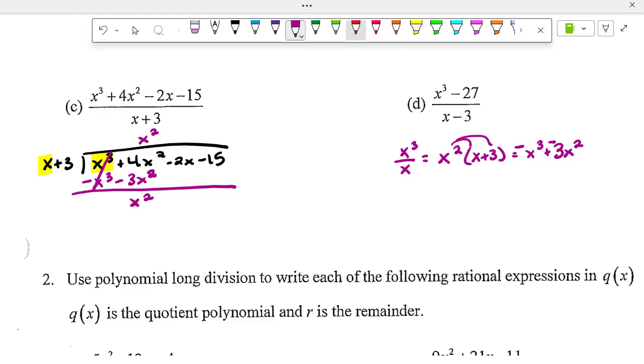So, Lanaya, what's my next step? After I bring these down. So we're just repeating the process now. So we started by doing what?